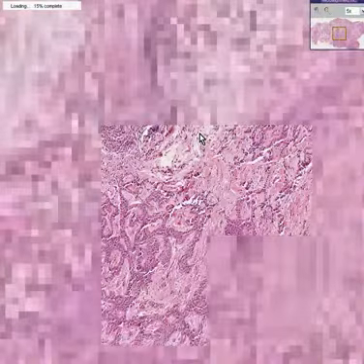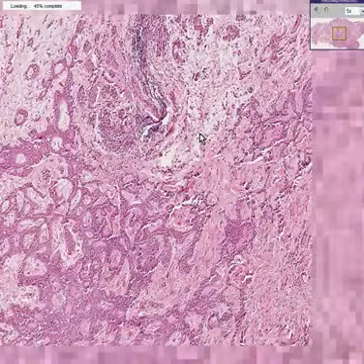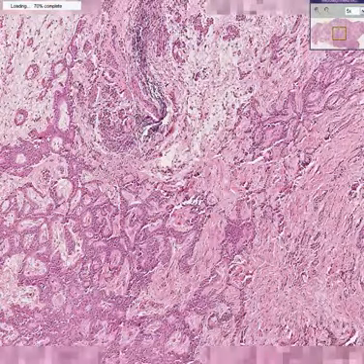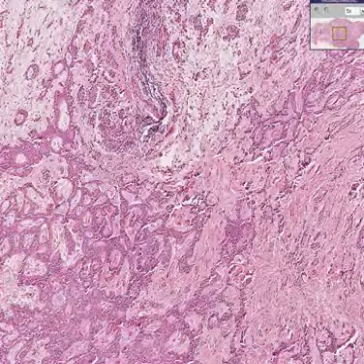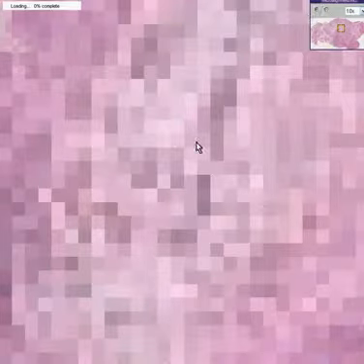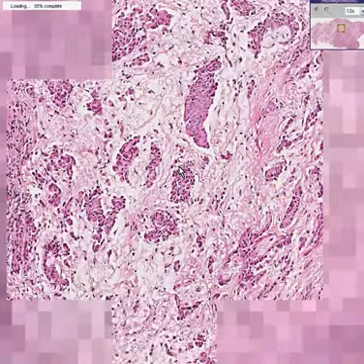And I know what you're thinking. You're thinking, my God, how the hell am I ever going to tell that these are mesothelial cells in all honesty rather than squamous cells or poorly differentiated adenocarcinoma?